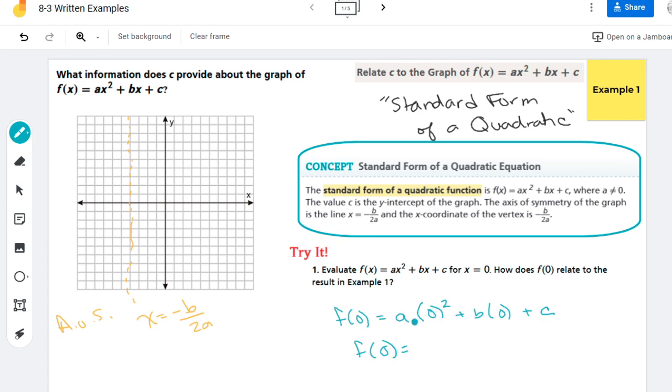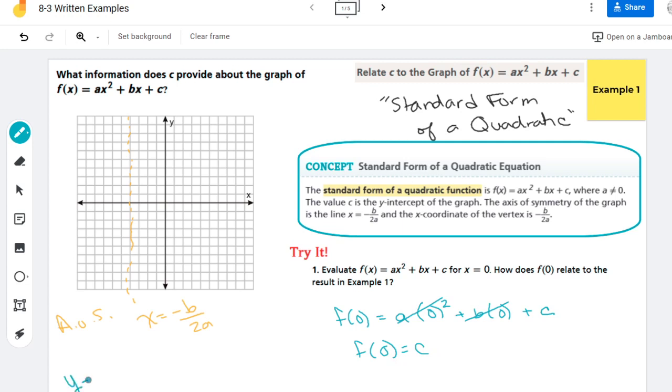Well, when you multiply by 0, whatever you're multiplying by 0, it equals 0. So this first term, a times 0 squared, cancels out because 0 times anything is 0. That same thing happens here for b. So if you notice, f of 0, so when I plug 0 into the function, I get c.